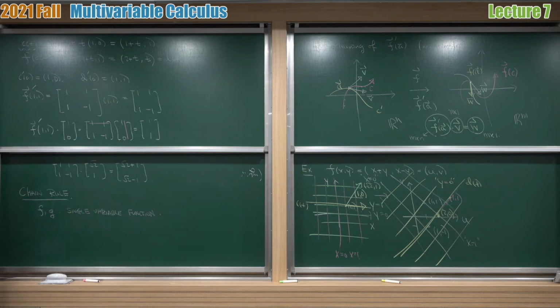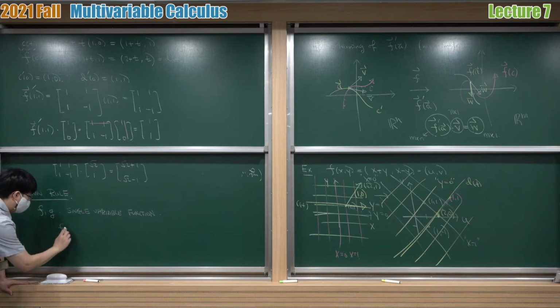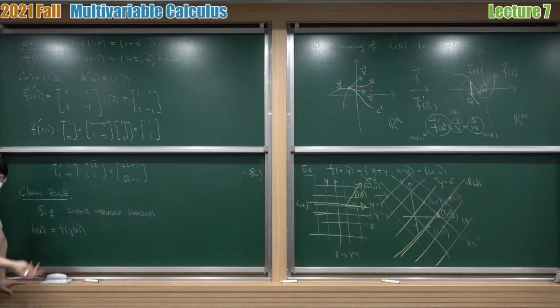And let's not go deep into whether the range of g is inside the domain of f or something like that. Let's just take a composition and call it h. Okay. So h is a totally different function. I want to take a differential of h.